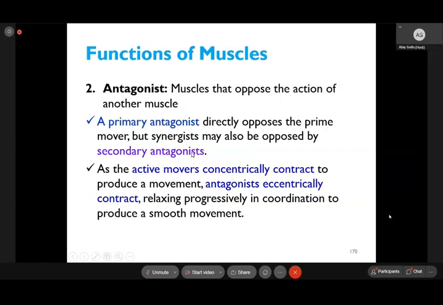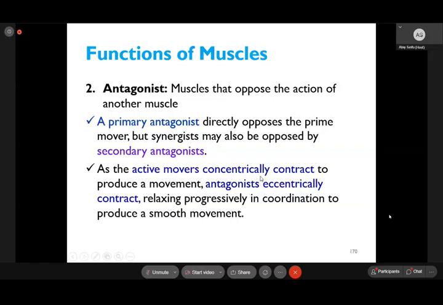Now, during contraction and relaxation, the primary movers coordinate with the antagonists. For instance, the active movers contract concentrically, whereas the primary antagonist contracts eccentrically.